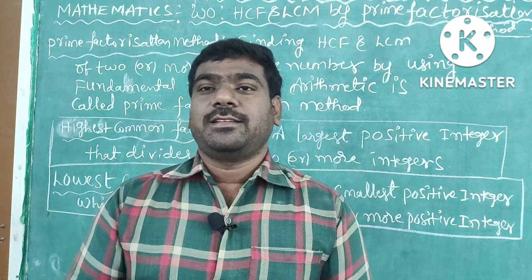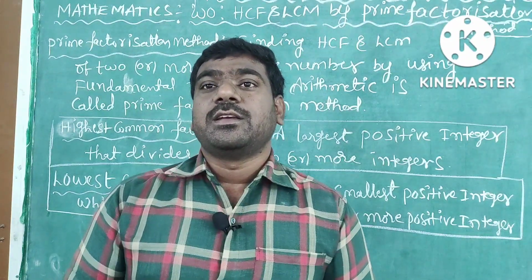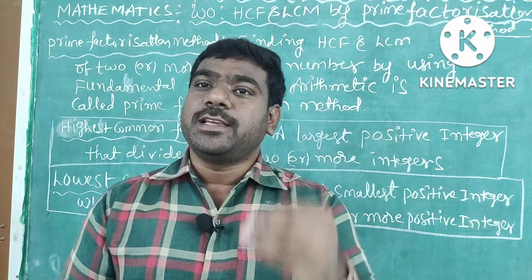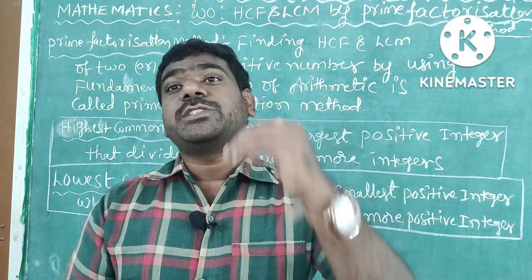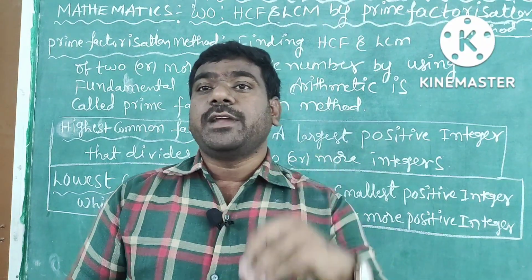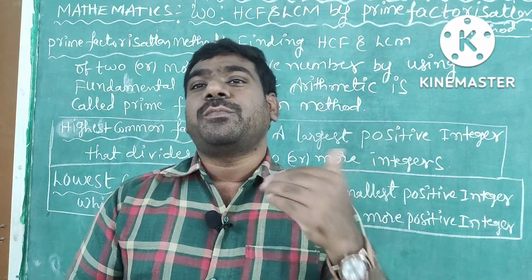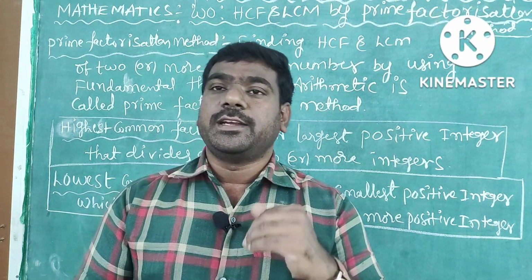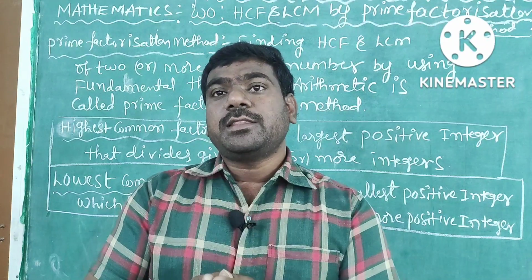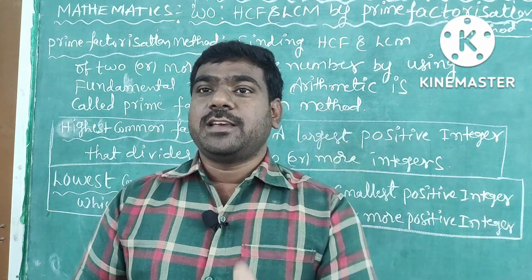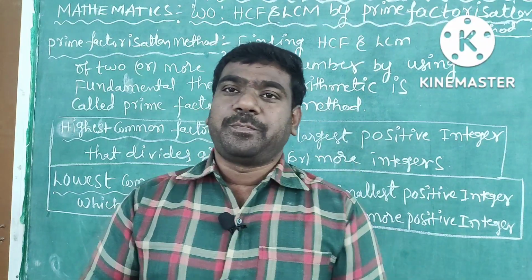LCM is the smallest positive integer which is divisible by the given two or more positive integers. That is the meaning of prime factorization method, HCF and LCM.